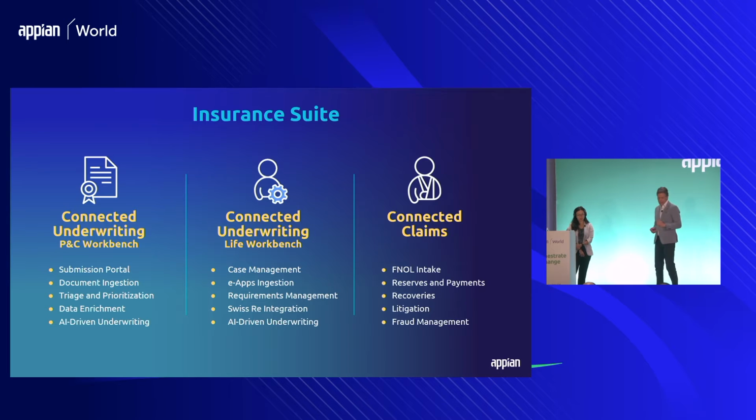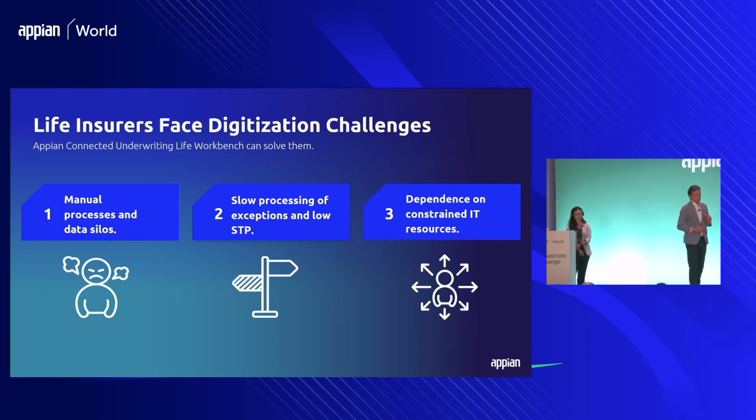And to say that, let's see if my clicker works. Yes, it does. Why have we developed that? Because we hear that a lot of life insurers are dealing with legacy. Why? Life insurance is a long-term contract, right?